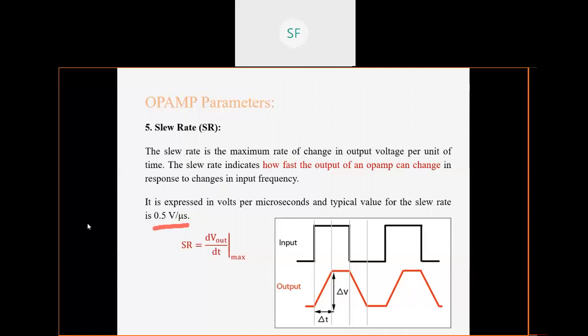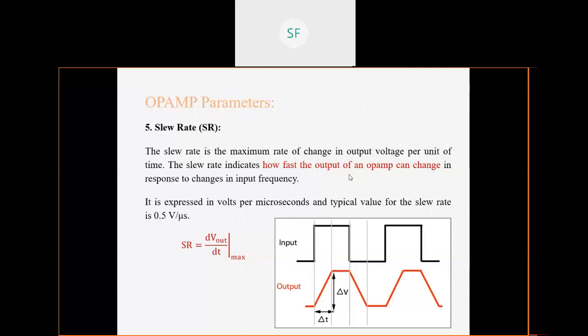Okay, so this is the meaning. This is a very short concept, but you should remember, this is an important one also. So again, what is slew rate? Slew rate is basically the maximum rate of change in output voltage per unit time. Why is it useful? Because it tells you how fast the output of the op amp can change.